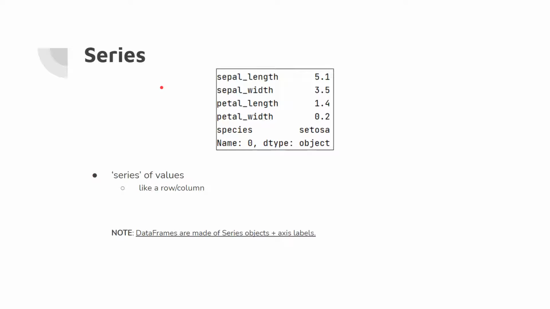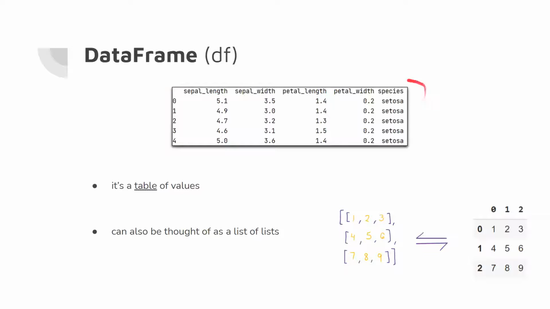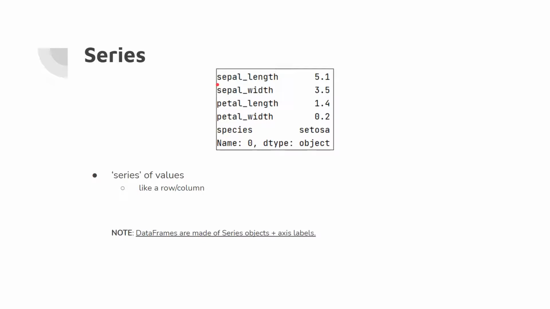But in this example over here, we take a slice of the row instead of the column. So in the Pandas series, the indices, the row indexes, are sepal length, sepal width, petal length, petal width, and species. And here, these values on the right represent the values that are attributed to these indices.